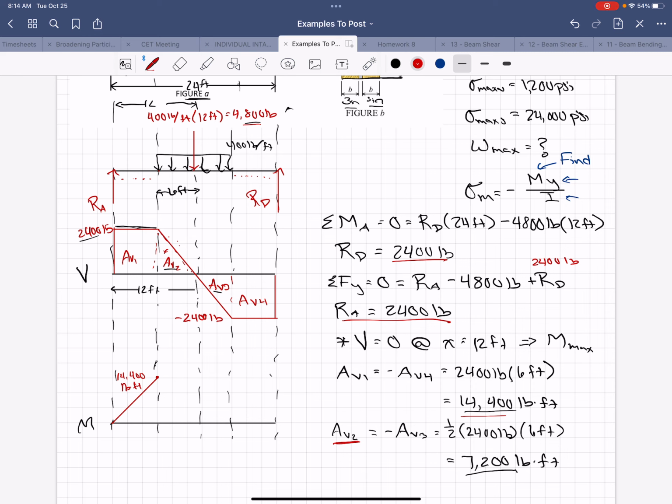And it's going to hit a maximum where the slope will equal 0 when we get to this point. So we have to go up by an additional 7,200 feet, so we start steeper, then we're going to get flatter, and we get to 21,600 pound-feet.